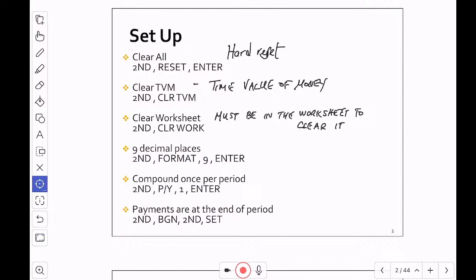When you're in the millions and billions and trillions of dollars, those decimals matter. So they matter to us. So I want to see those decimals on my screen at least. I want to see the most I can see, and the most I can see will be 9. So we need to set the calculator this way, for 9 decimal places.